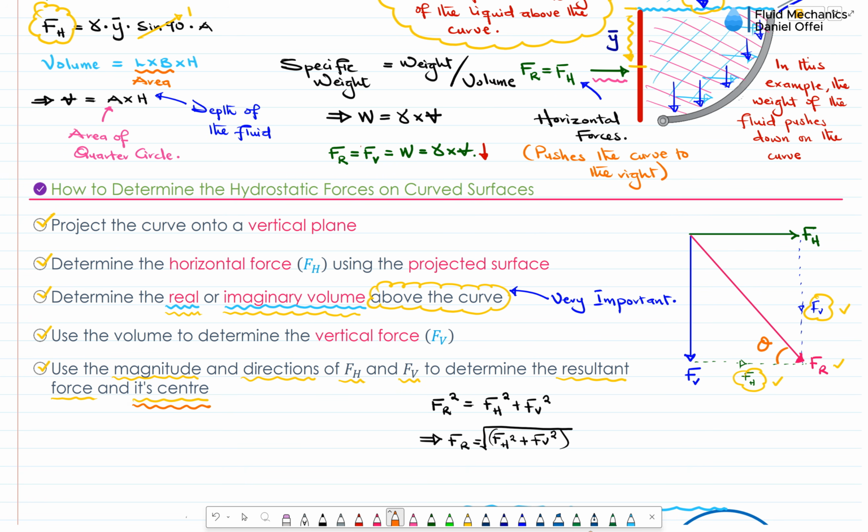Then also for curved surfaces, the center of pressure is the angle at which the resultant force meets that curve.